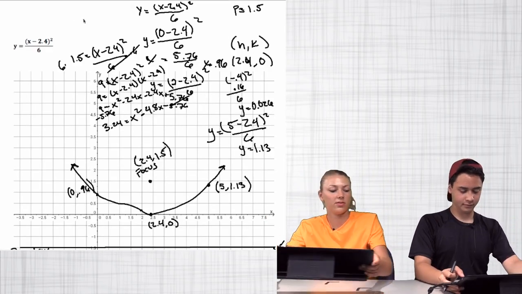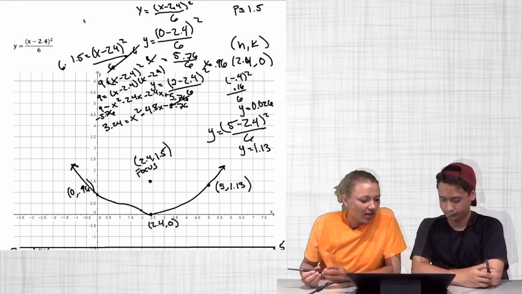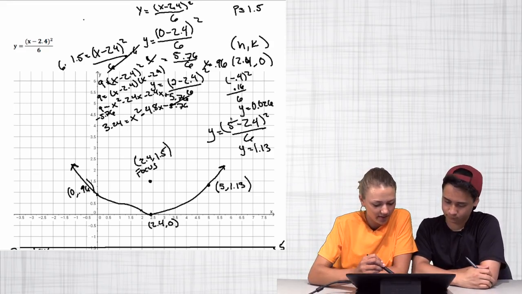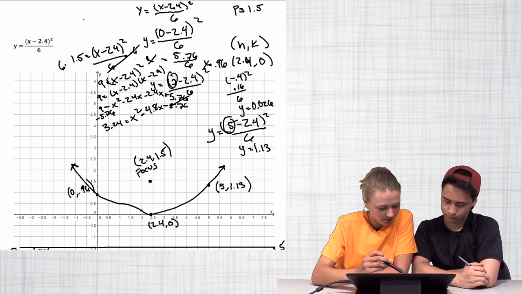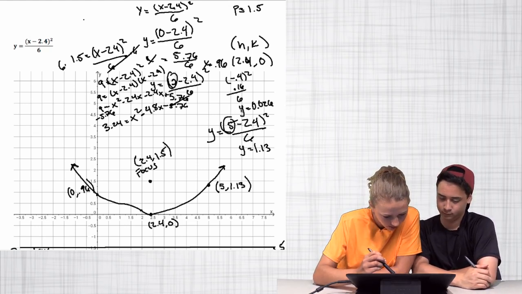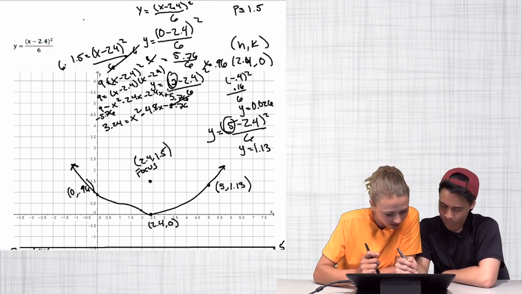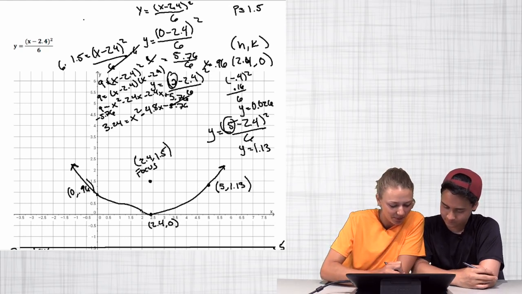Sasha, can you share anything else that you figured out? I did what you did when we plugged in the numbers for x. So like I plugged in 5 and 2. I don't think I finished that one. Okay, so I got that point.